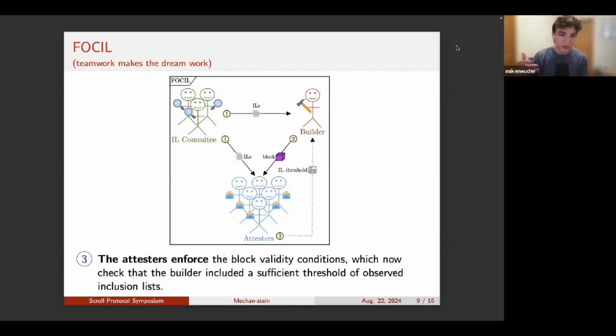Now, if the builder produces a block that doesn't have enough inclusion lists, according to my view, then I'll vote for the block as being invalid. And this is cool because you can put it into the state transition function directly. And instead of giving fork choice weight to the block, you just say, this block is actually invalid, and from my view, I'm going to vote against it. So this is the super high level summary of Fossil.